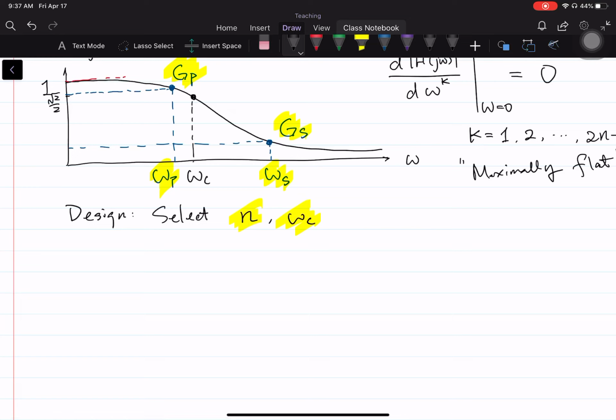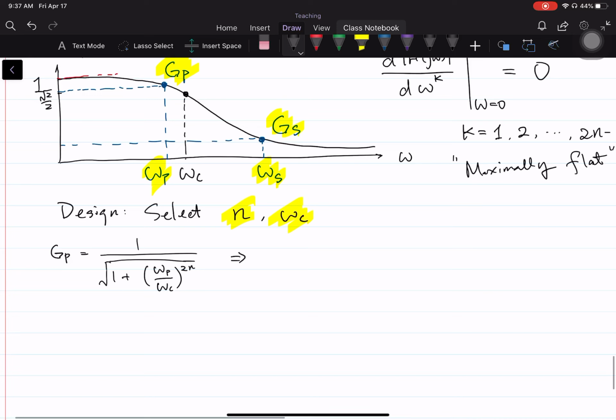That means g sub p has to be equal to 1 over 1 plus (omega p over omega c) to the 2n. In this case, it means (omega p over omega c) to the 2n is equal to 1 over g sub p squared minus 1.